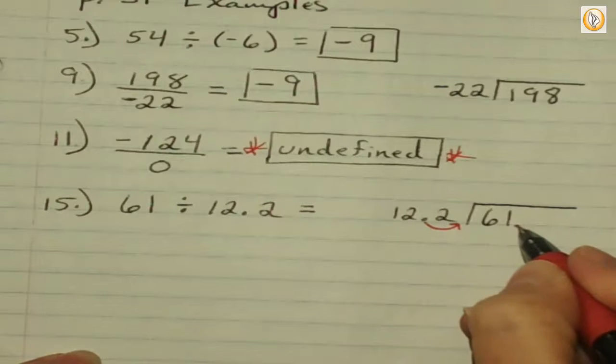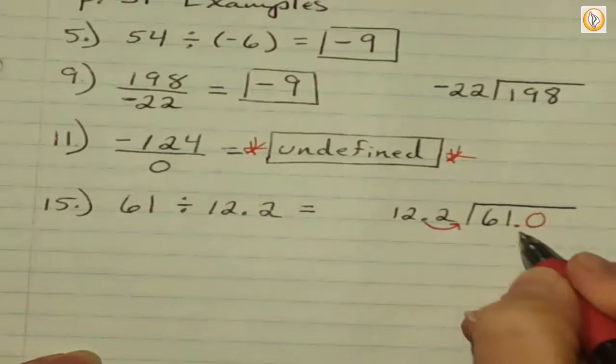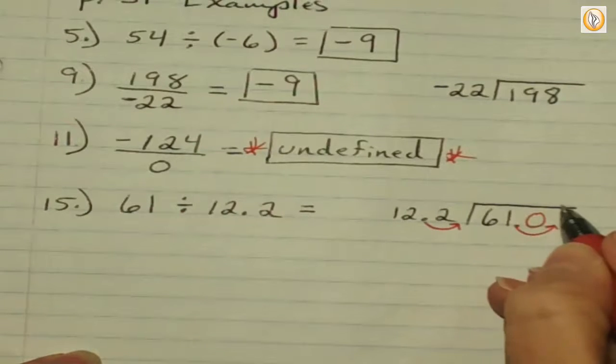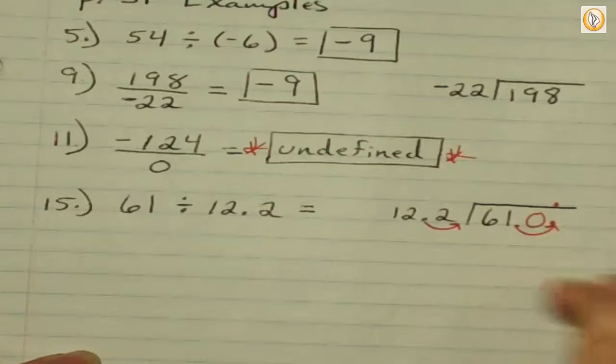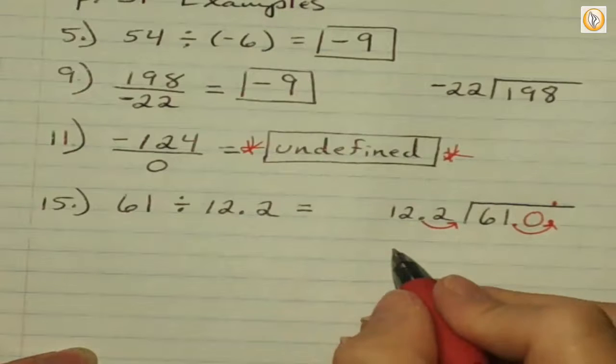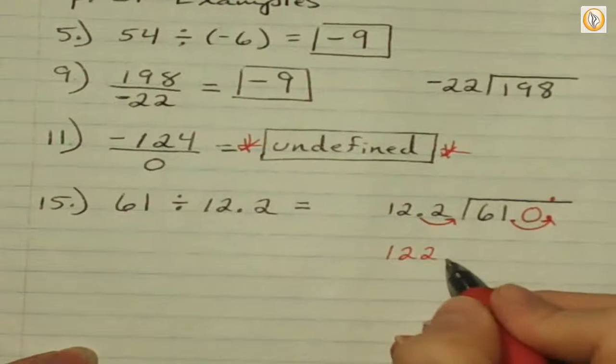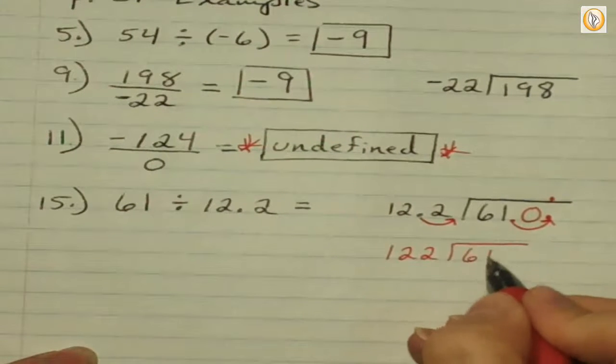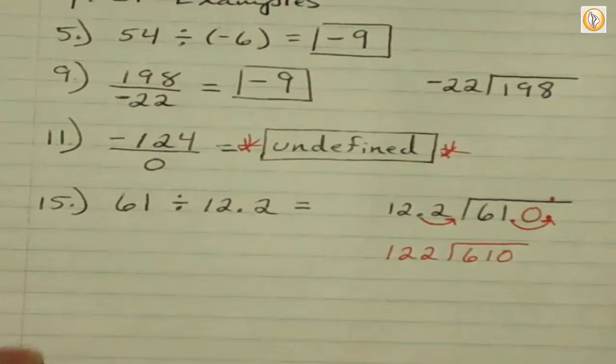So I'm going to put my decimal at the end, add a 0, and move it over. And then I can start dividing. So it would end up looking like this. And then you would start dividing.